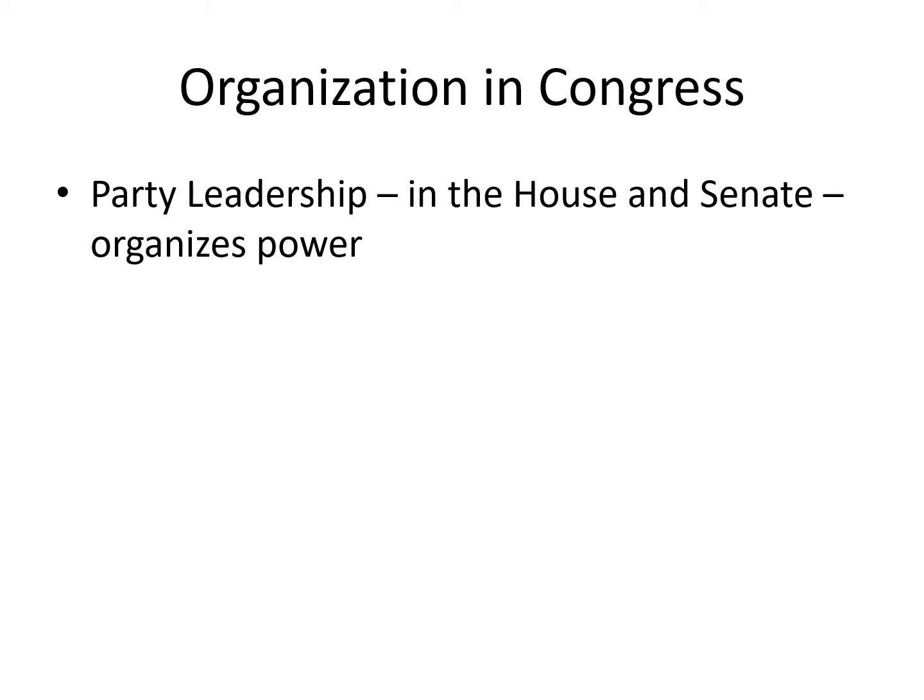At the beginning of each new Congress, which is every 2 years, each party gathers and elects their leaders. Okay? So both parties do this. They use different terms to describe it, but it's the same thing. They are meeting to organize and pick leadership.